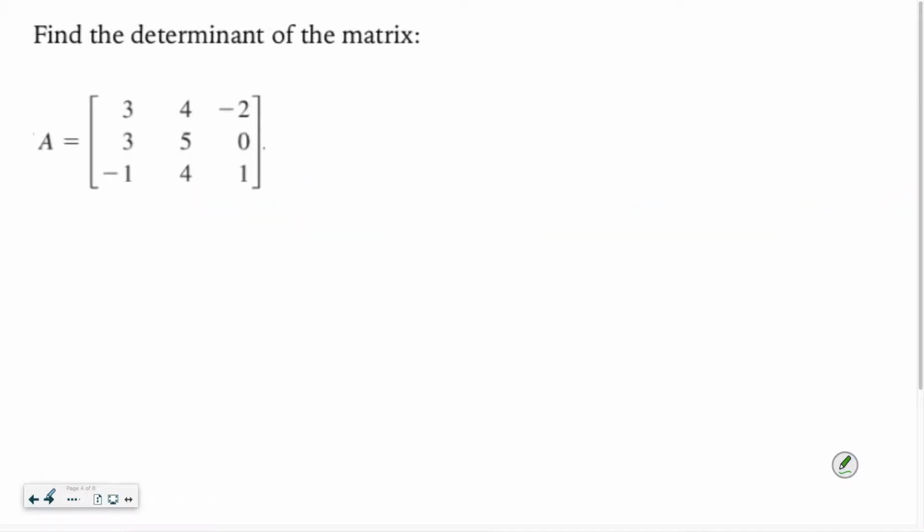So you have an example, this guy right here. We want to find the determinant. So what's our first step? Rewrite the first and second column. Go ahead and do that for me.